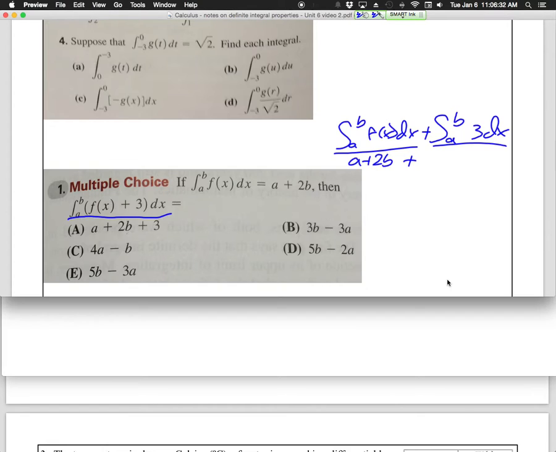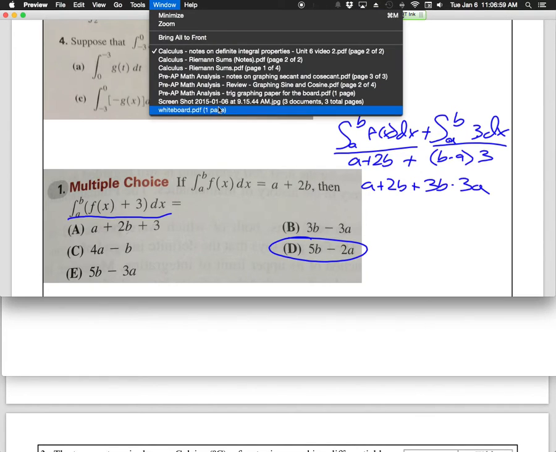What do I need to do to be able to work that out? I need the difference of these, which is b minus a, times my constant, which is 3. So that gives me a plus 2b plus 3b minus 3a. Put your like terms together. That's what you end up with. Sounds about right. All right, a couple more examples.